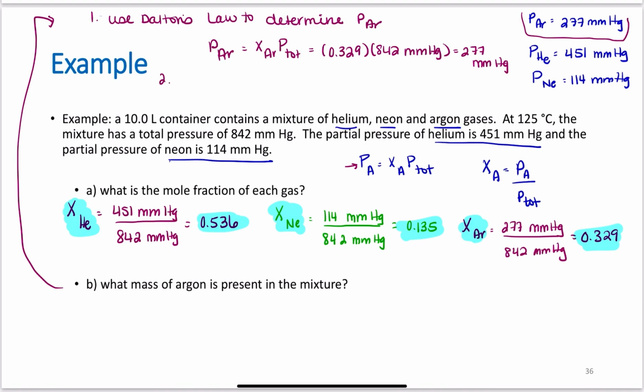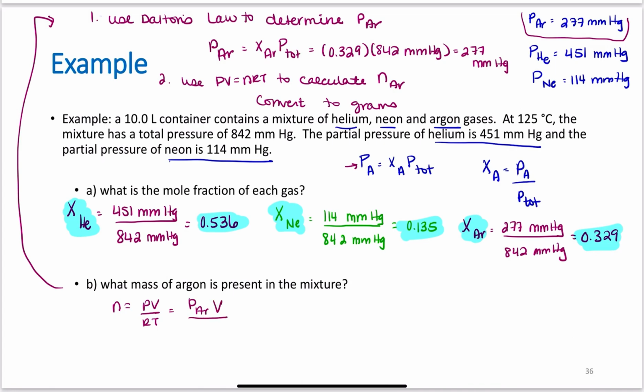Then what I'm going to do is use PV equals nRT to calculate the number of moles of argon and then convert to grams. So PV equals nRT, rearranged, n is equal to PV over RT. This is the partial pressure of argon.